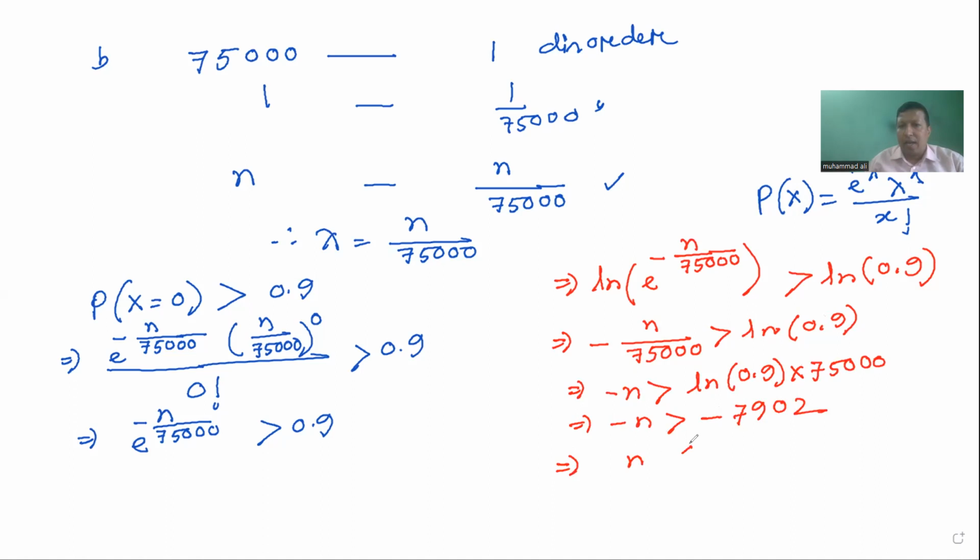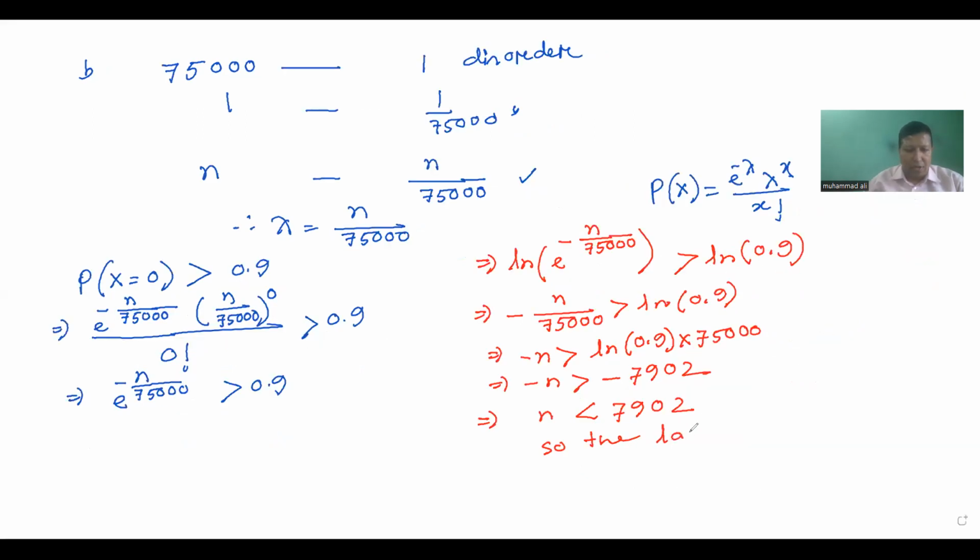So n less than 7,902. So the largest value of n is 7,902.